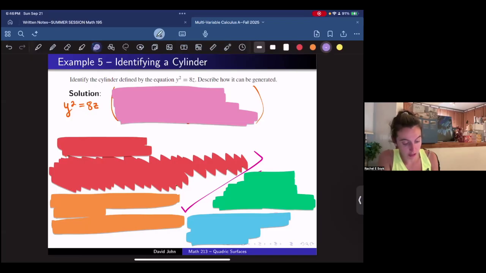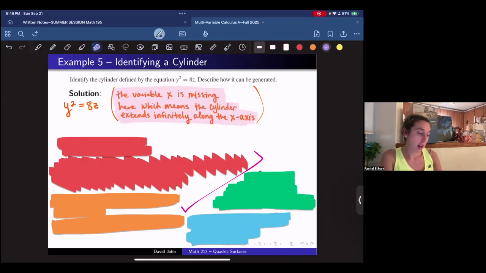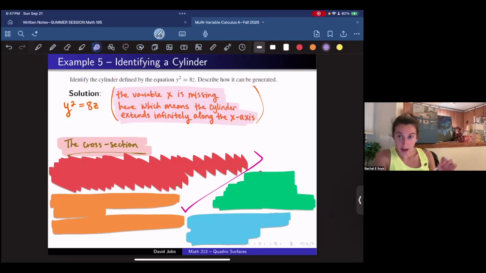So that's the first thing that we want to point out. And then the second thing that we want to note is the cross section. With the cross section of the cylinder in the yz plane, we have y squared is equal to 8z, setting our x equal to a constant.